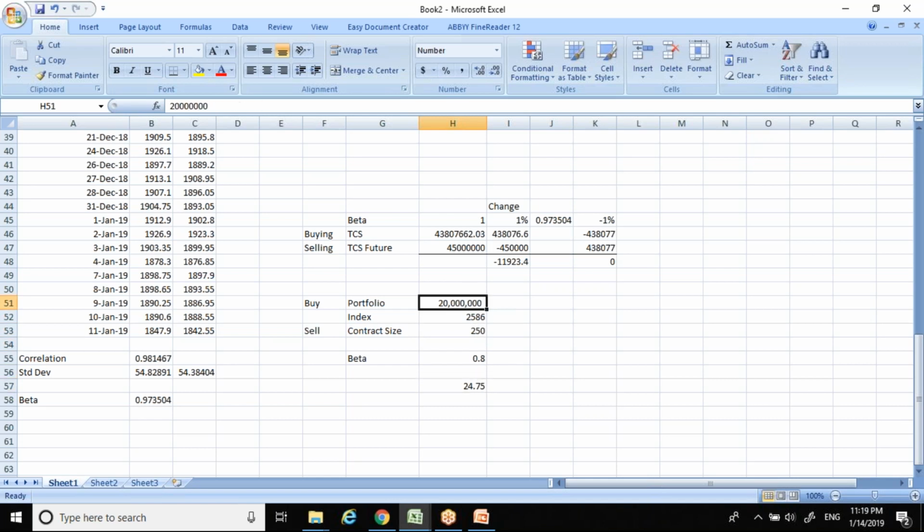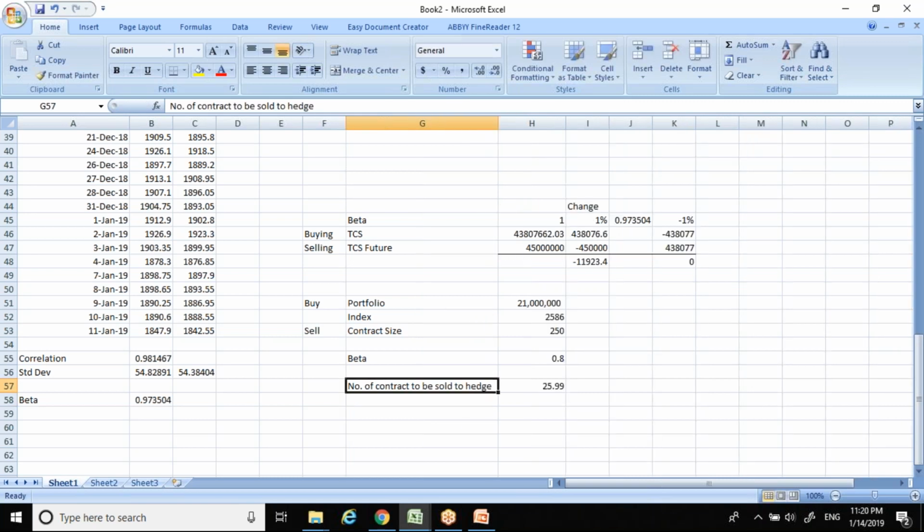So let's suppose I increase the portfolio by 1, so 25.99, so 26 contracts you need to sell to hedge your position. So the number of contracts to be sold to hedge is 25.99. That means 26 contracts you need to sell to hedge your position completely.